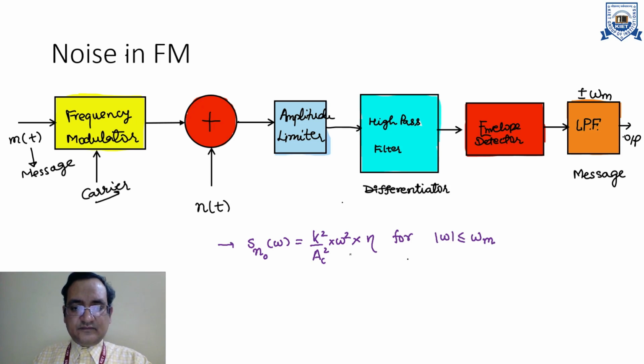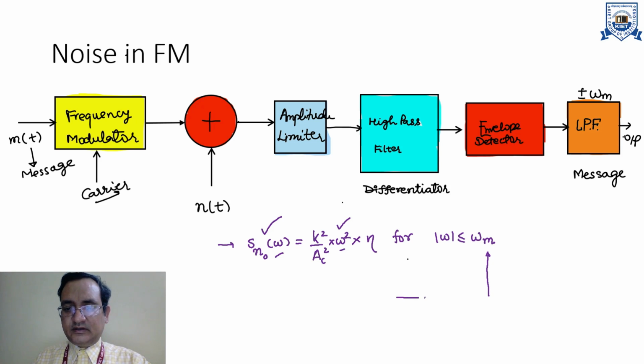From this expression, we can clearly see that the power spectral density of the noise at the output is directly proportional to the message frequency, right? So this relation is a parabolic relation, or a non-linear relation, between power spectral density and the frequency term. So if I want to plot this power spectral density with respect to the frequency, I will definitely get a parabolic relation in the diagram also.